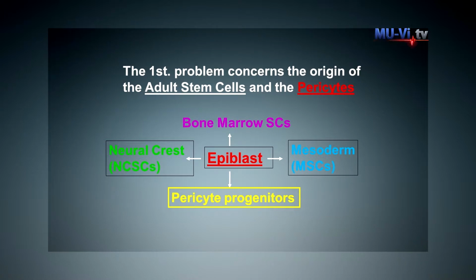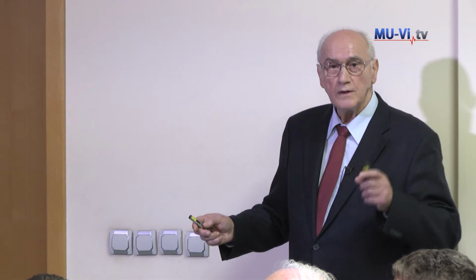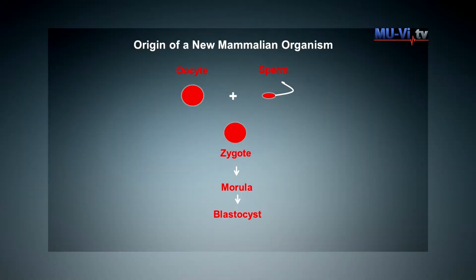To understand what I would like to explain after that, I would like to remind you that a new organism arises through the combination of a haploid oocyte and a haploid sperm cell.